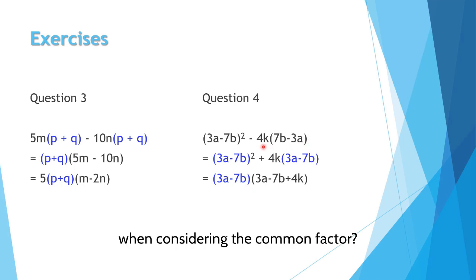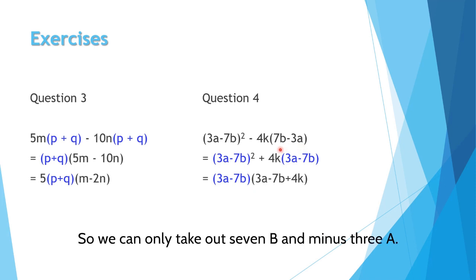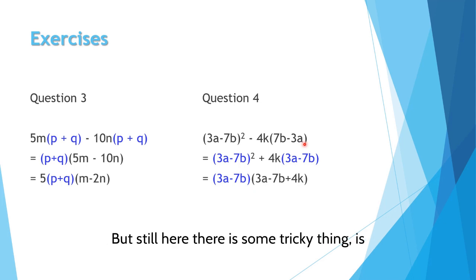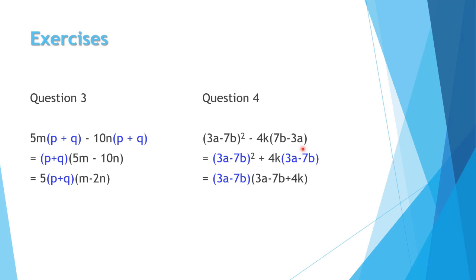When considering the common factor, we should consider the item that both of them have in common. So we can only take out 7b minus 3a. But still, here there is some tricky thing, is that 3a minus 7b, the order is different from 7b minus 3a.